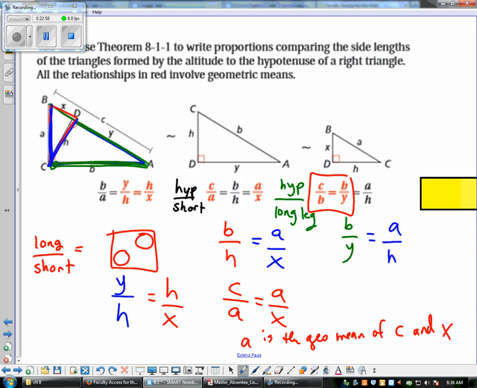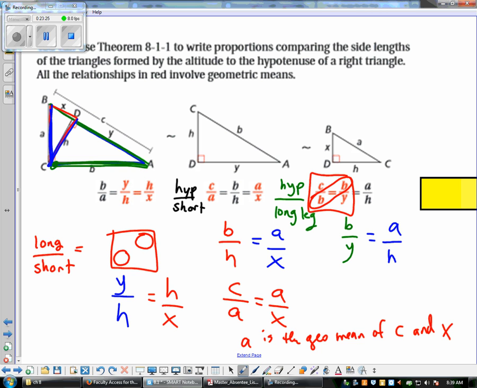So if C over B equals B over Y, then what is the geometric mean of what, Stephen? B is the geometric mean of, what are the extremes of that proportion? Remember, these are the means. B is the mean of what?